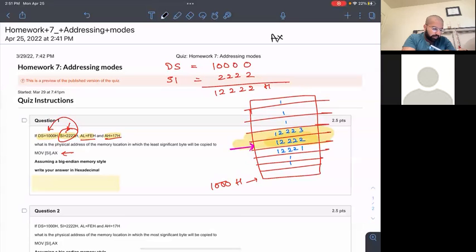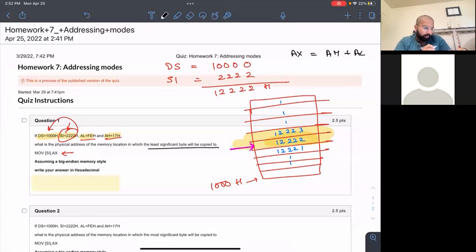And we know that AX is a 32-bit register which contains AH plus AL. The AH is the higher 16 bits and AL is the lower 16 bits. In this case, it's asking for the physical memory location the least significant byte will be copied to.